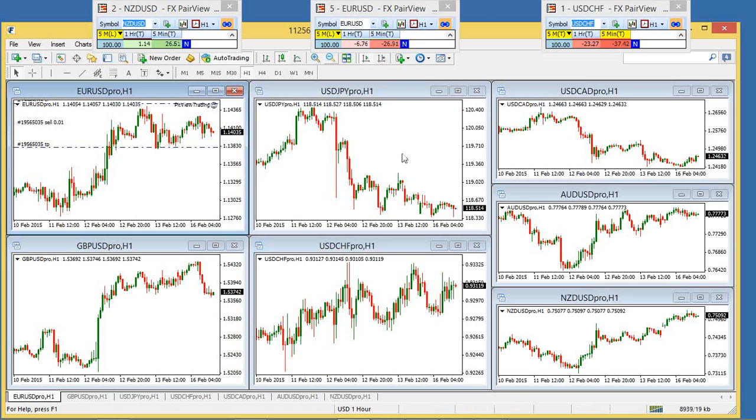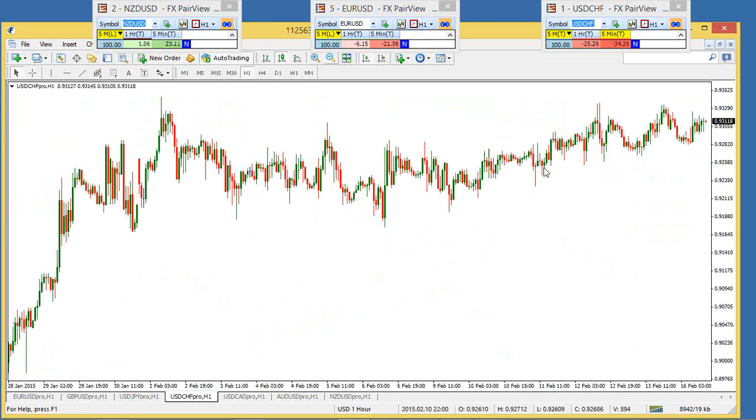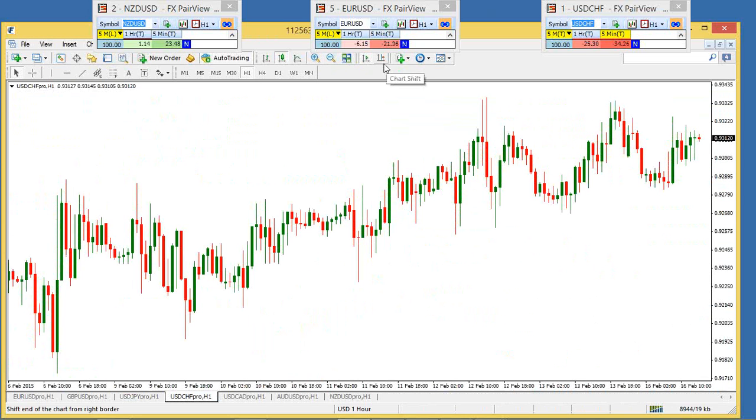And since then, you can see a lot of this sideways action on a lot of these currency pairs. Dollar Swiss is one right in here where we had a trade open at the end of the week last week. Let me go ahead and zoom in. A lot of interesting things happening here.